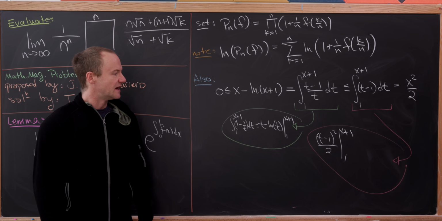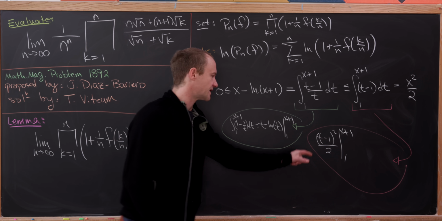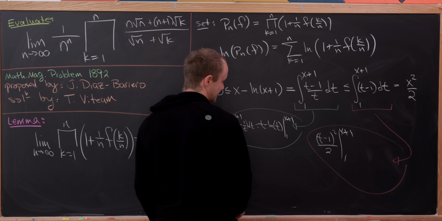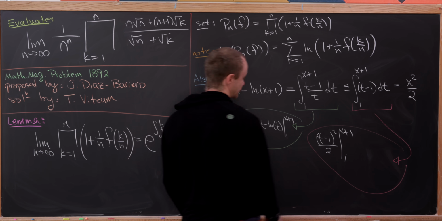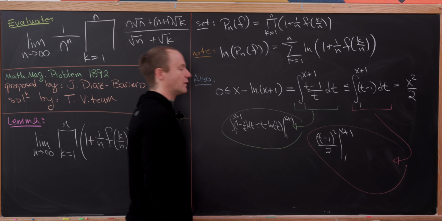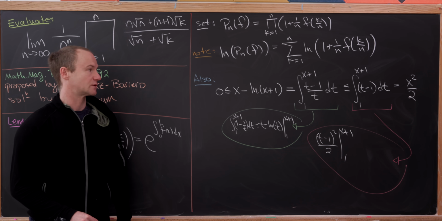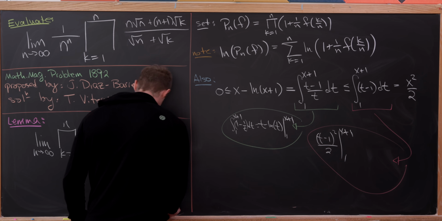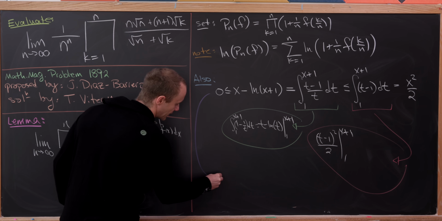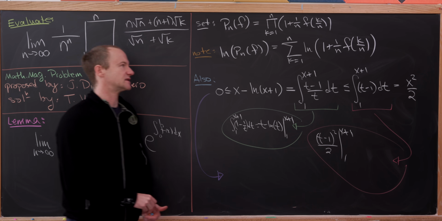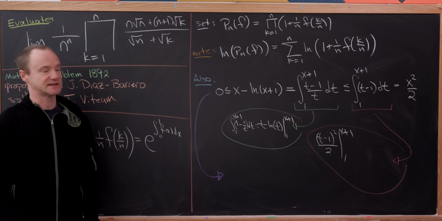So evaluating that at x plus 1 will give us x plus 1 minus 1 squared, so that's x squared over 2. Evaluating that at 1, we'll get 1 minus 1, which is 0 squared. Okay, so that's cool. But now let's see if we can put this together into something that's a little bit useful for our circumstances.